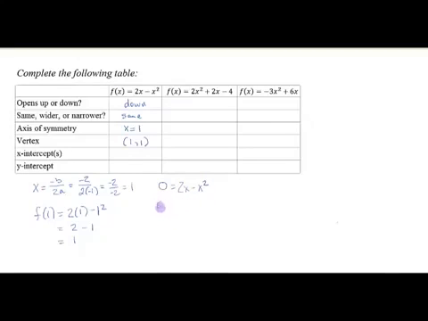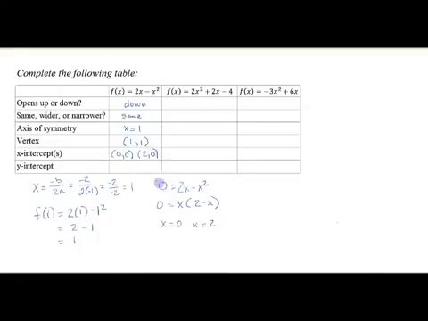So 0 equals, I'm going to factor out an x, and that gives me 2 minus x. So x equals 0 here, and x equals positive 2 here. So I have two x-intercepts: 0, 0 and 2, 0.